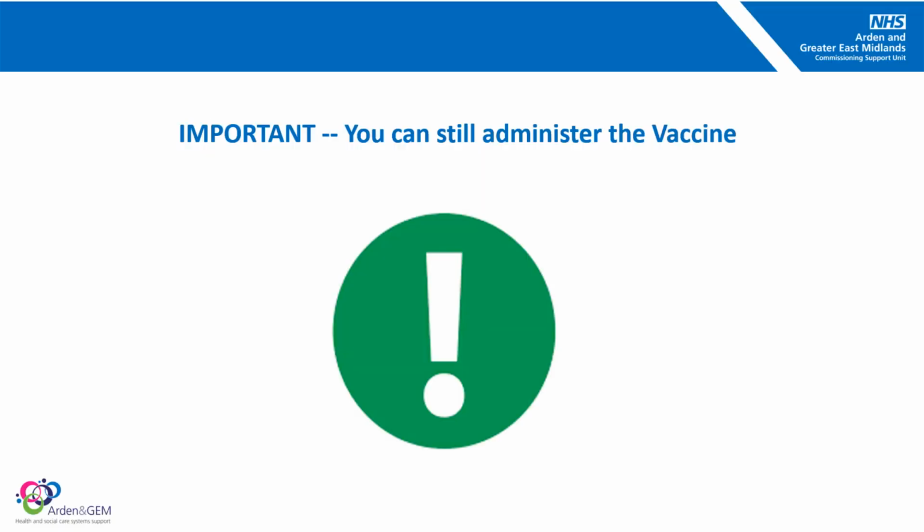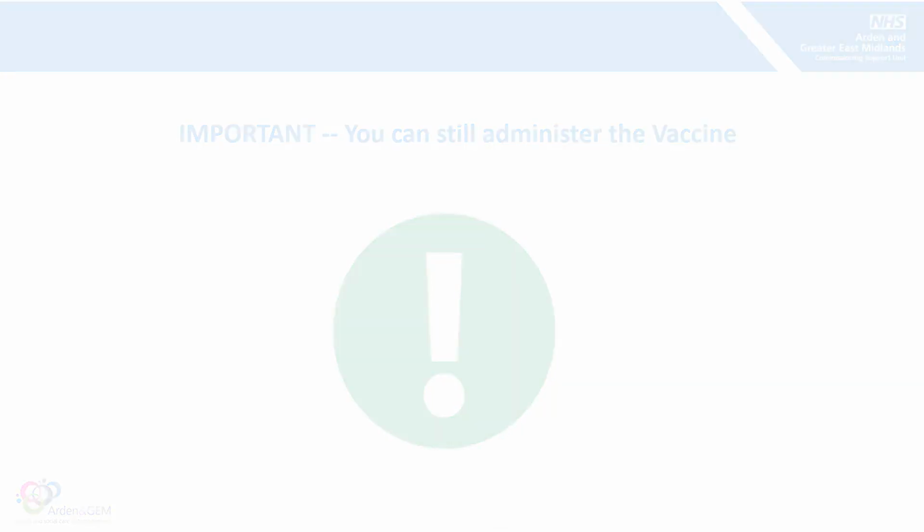In the event of a patient presenting with no NHS number, the advice at the moment is to use local systems to record the vaccination and await further information regarding central recording of the vaccination event. This restriction does not stop you vaccinating the patient, but you cannot record a vaccination event in NIVS without an NHS number at this point in time.